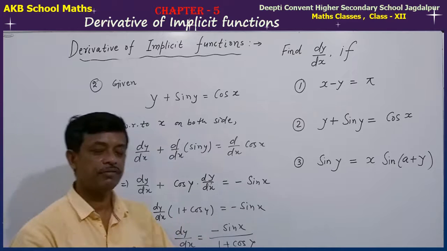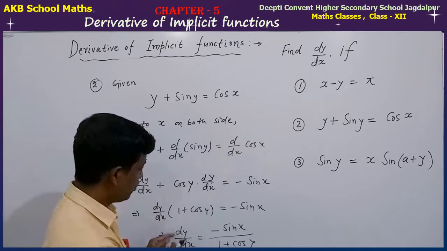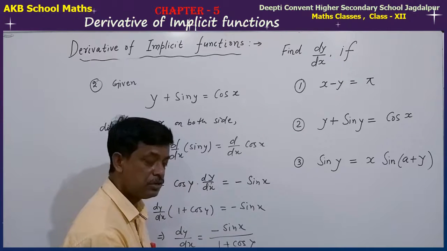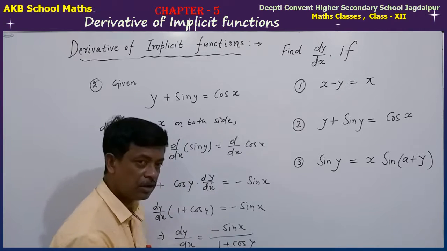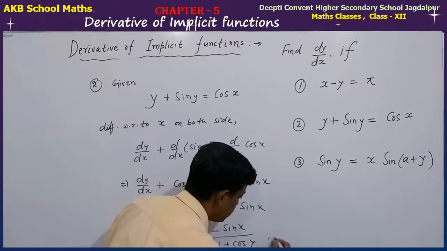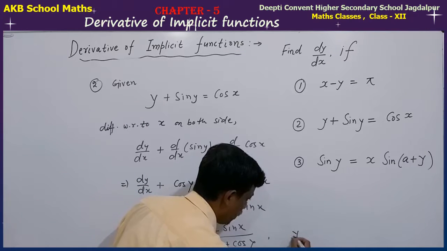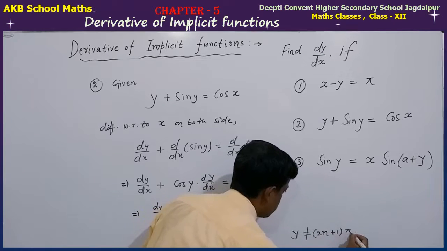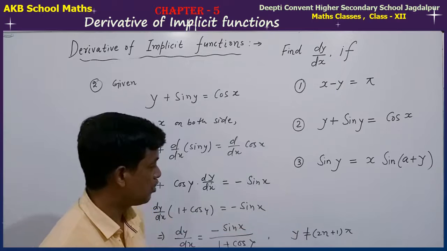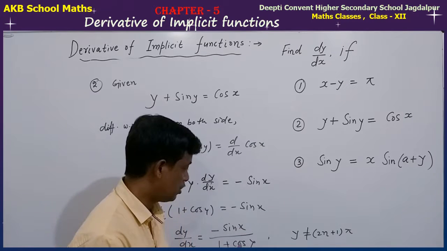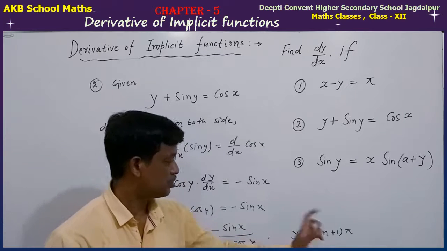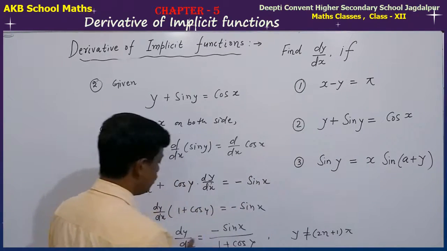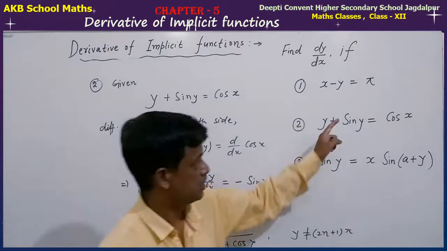So this is the value of the derivative, where the denominator should not be 0, that means cos y is not equal to minus 1, that is y is not equal to (2n plus 1) pi, an odd multiple of pi, since at odd multiples of pi, cos y equals minus 1. That's why y should not be equal to this. This is the value of dy by dx for this question.